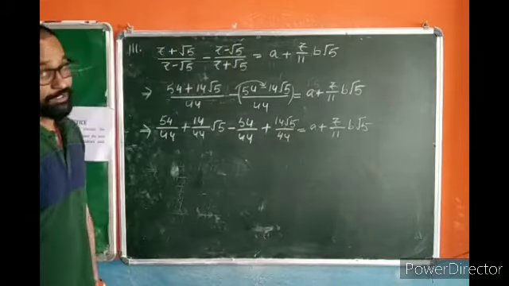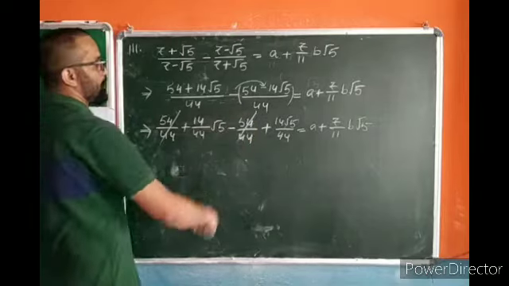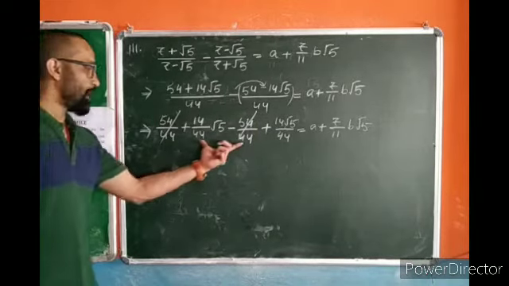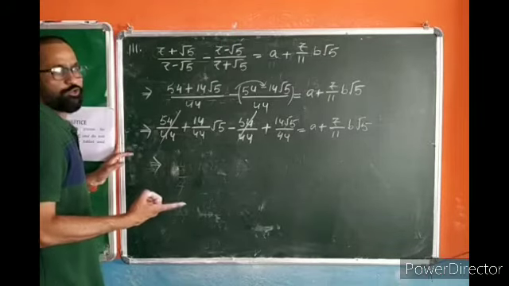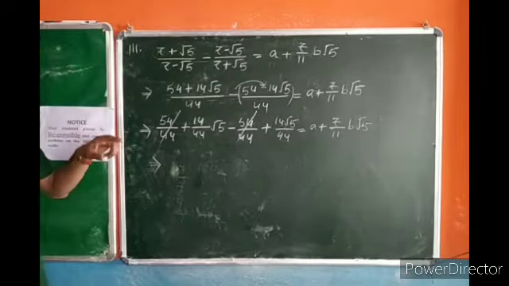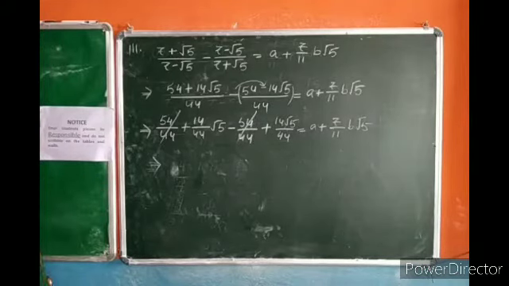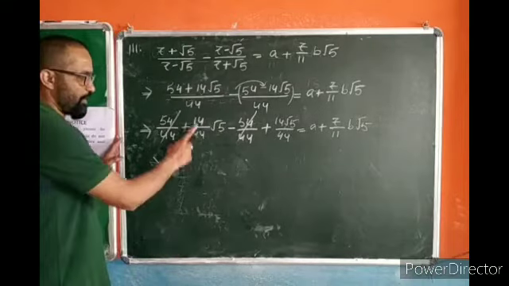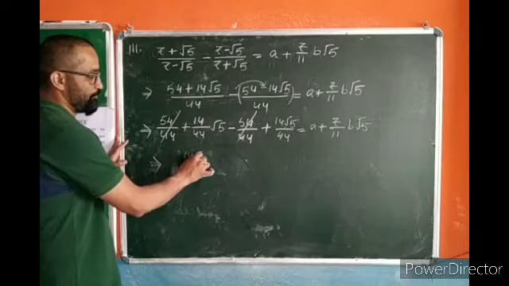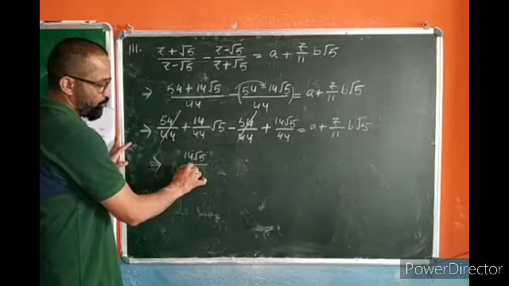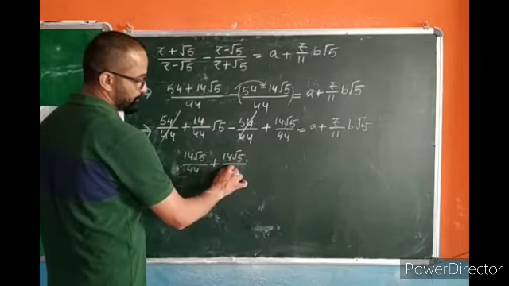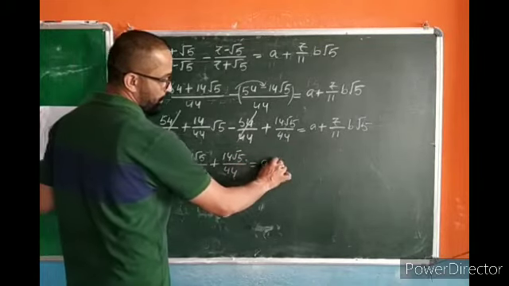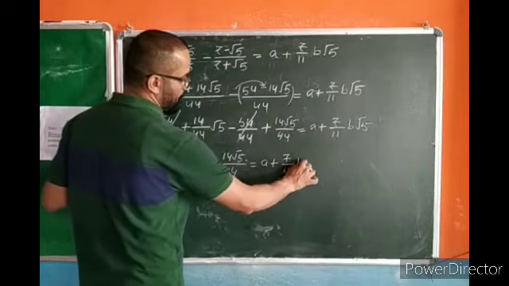Now look at the calculation. Plus minus cancels. We have like terms, we add them up. The addition you can do directly by taking the LCM, or you can do by direct calculation. So I am writing this value: 14 root 5 by 44 plus 14 root 5 by 44 equal to a plus 7 by 11 b root 5.